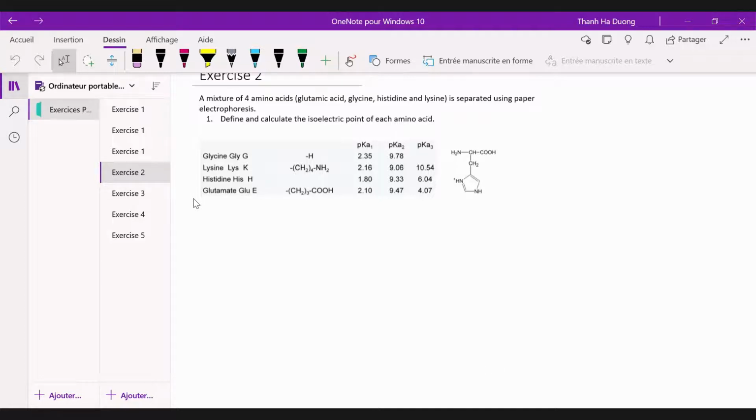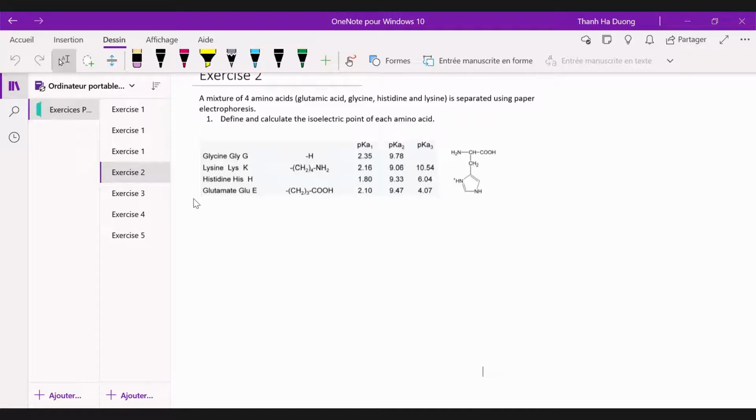The isoelectric point corresponds to the pH when the amino acid is neutral.